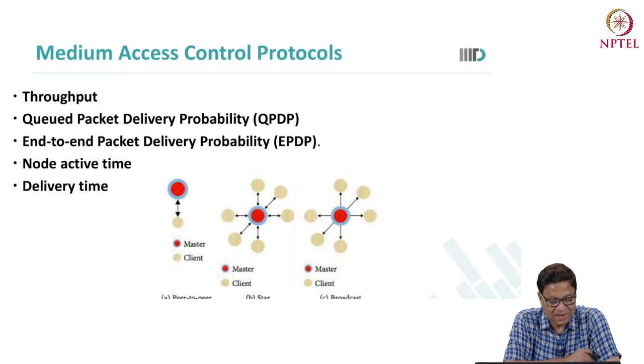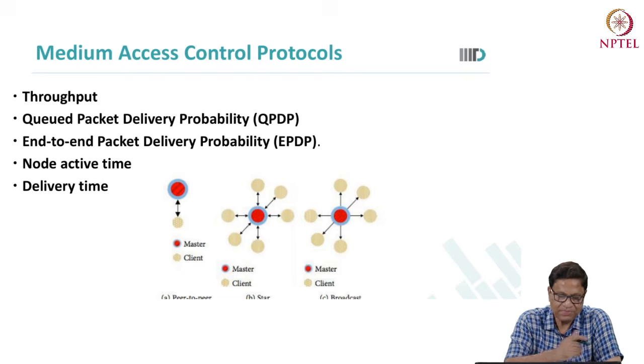I mean, these parameters are a concern. What is the throughput you are getting? What is the queued packet delivery probability, or what is the end-to-end packet delivery probability, and how much time the node is active, and what is your typical delivery time, that is, from when the packet is first transmitted to the time it is received. So all these metrics have to be measured for different medium access control protocols.